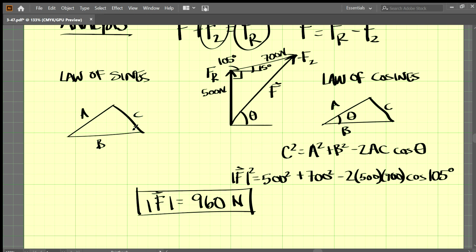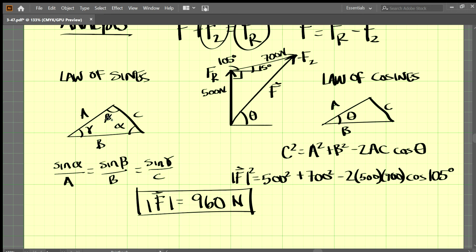And the angle here we're going to call alpha, the angle here beta, and the angle here we'll call gamma. What the law of sines says is the sine of alpha divided by the length of A is equal to the sine of beta divided by B, which is then equal to the sine of gamma over C.